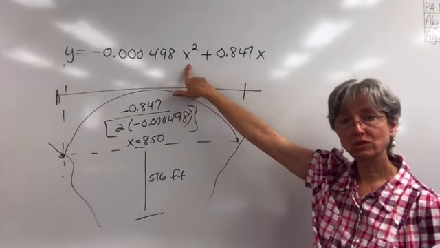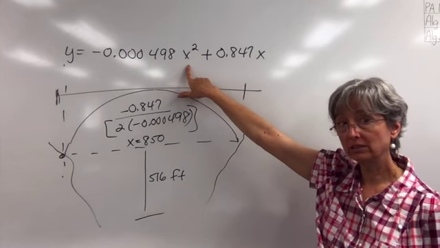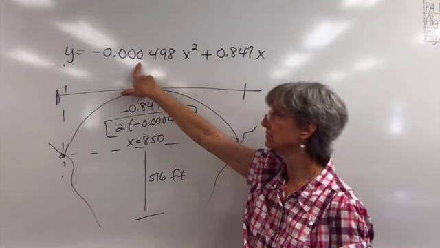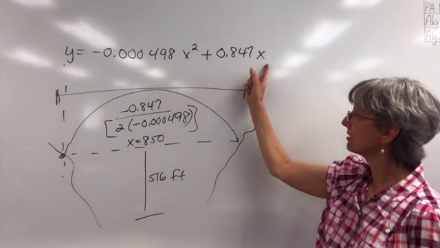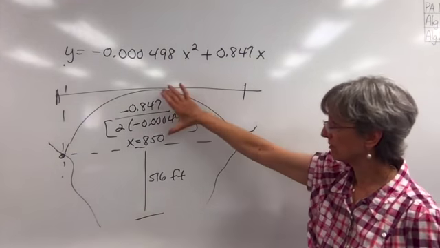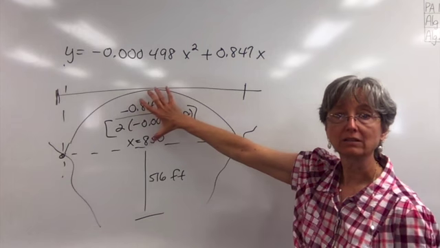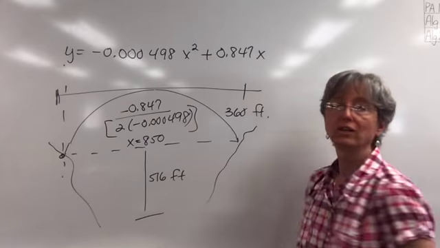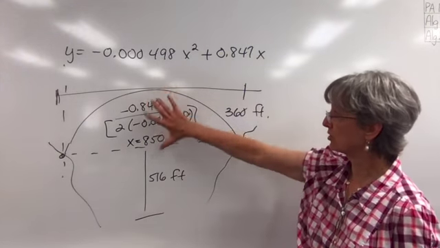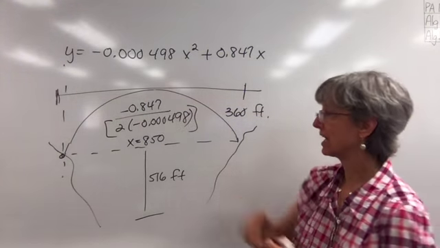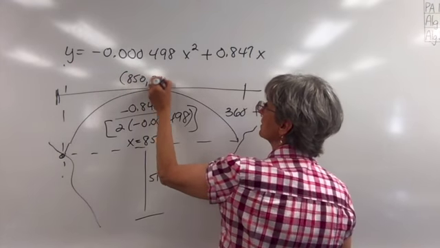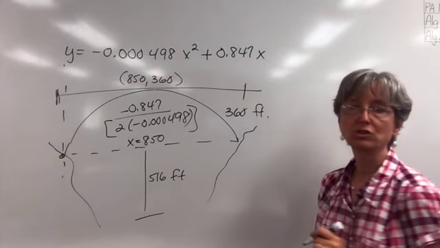So 850 squared with your calculator, multiply by this number, don't forget the negative, plus 850 times that equals, that'll give you this height right here. So what did you get? You should have gotten 360 feet. All right, so your vertex then is 850, 360, and those are rounded numbers, which is fine.